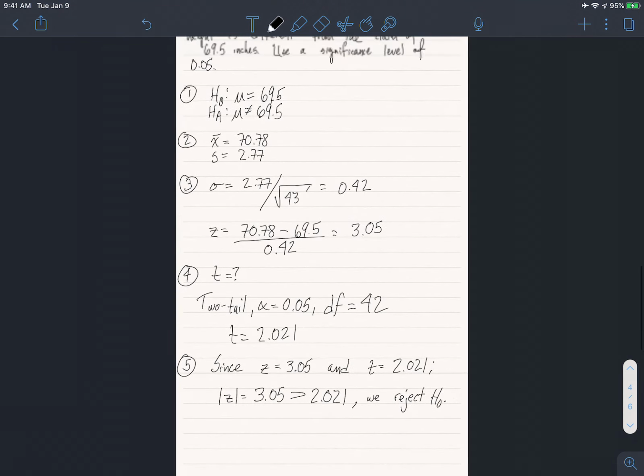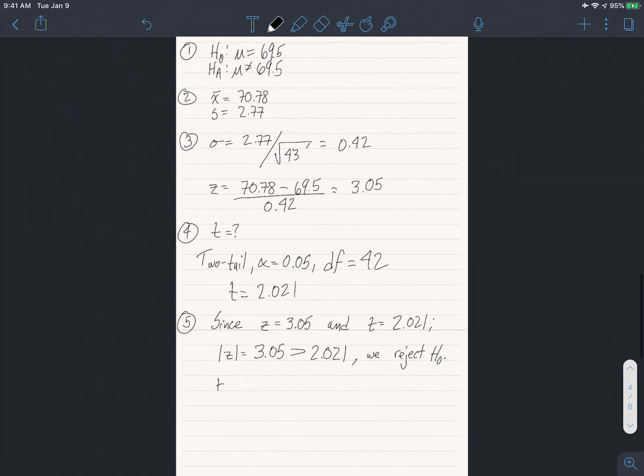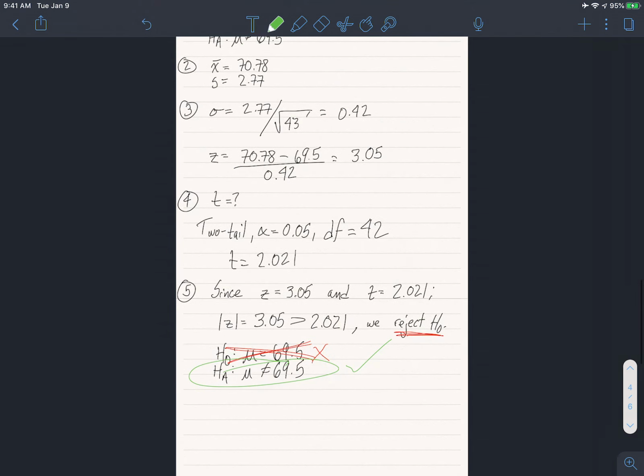So, what are we rejecting? I always like writing this part so I can interpret it correctly. They said that the mean is supposed to be 69.5 inches, that the alternate is that it is different from that. And what ended up happening, we ended up rejecting H0, so we do not believe the null, we believe the alternate.